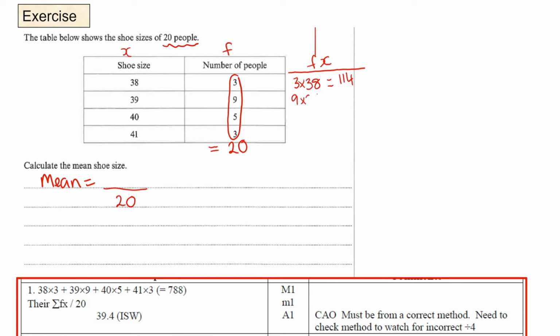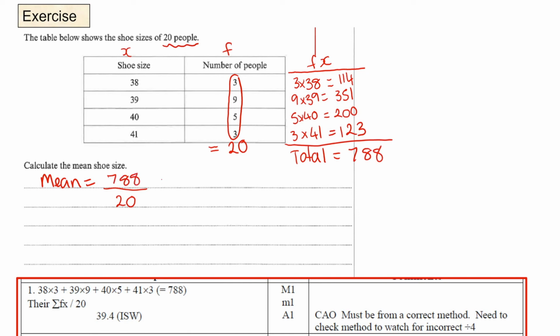Then 9 times 39, which is 351. 5 times 40, which is 200, and then 3 times 41, which is 123. Then we need to find the total of that, which is 788.